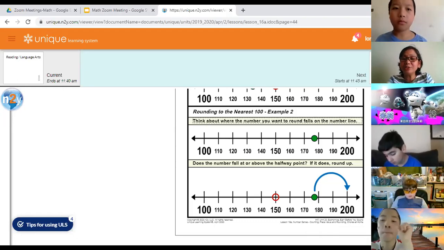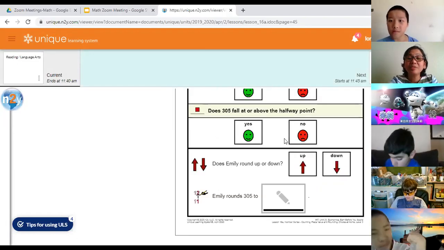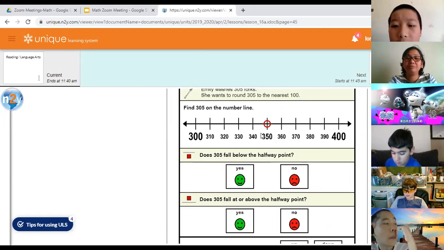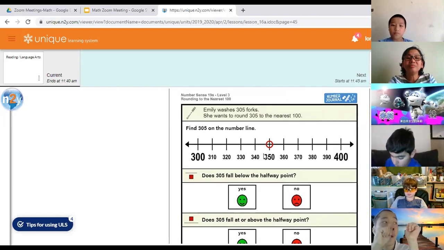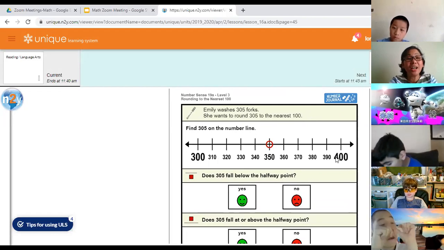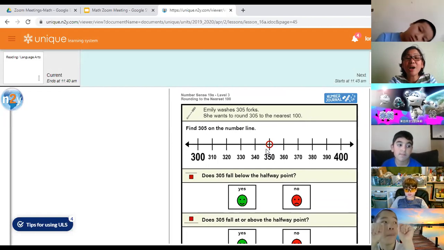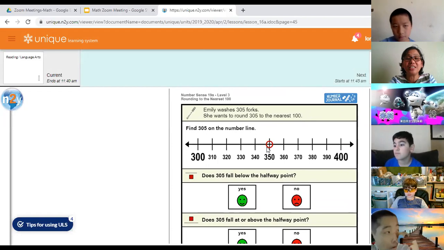Okay, now let's take a look at this example, at this practice. It's easy. So the numbers are 300 and 400. And the midpoint, the halfway point, is 350.